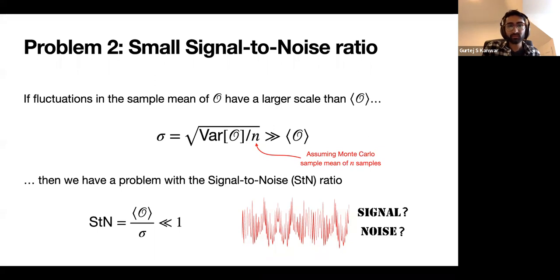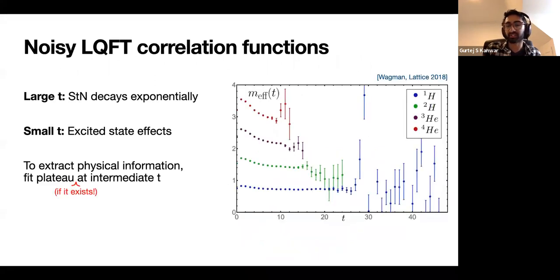So this is not just kind of a hypothetical. I mean, this happens in practice for even the most basic 2-point correlation functions that I just previously showed. And in particular, it can be shown to be consistent with exponential decay at large times, at large separation in imaginary time.